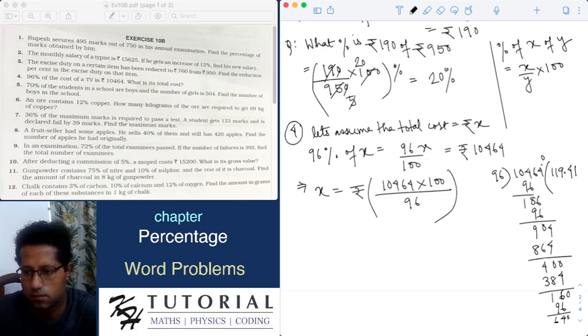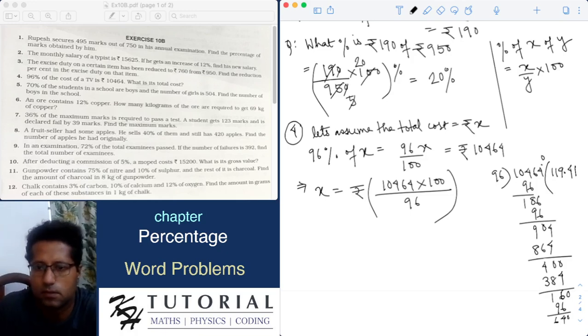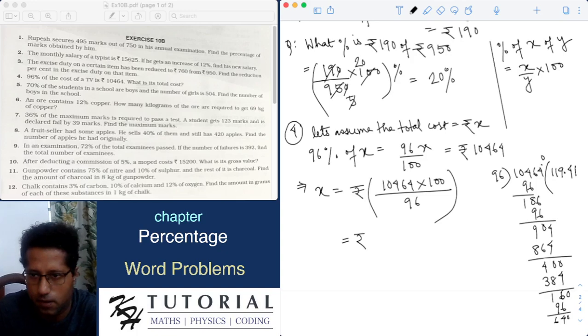Okay, let's stop here. 119.41. So x is coming to be 119.41 multiplied by 100, so this is approximately 11941 rupees.